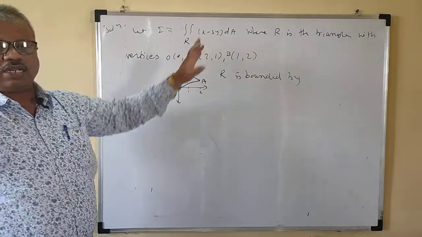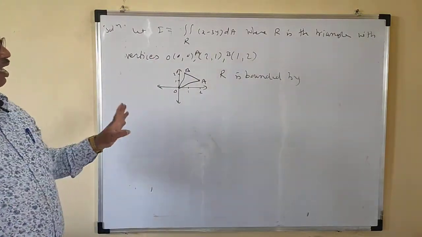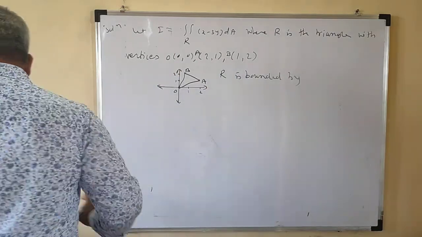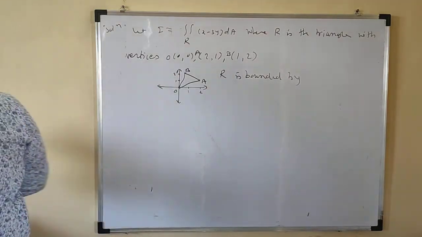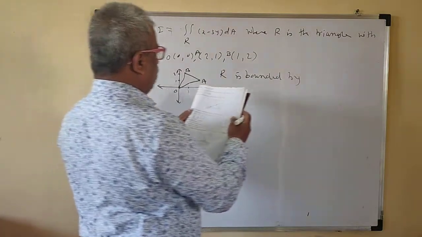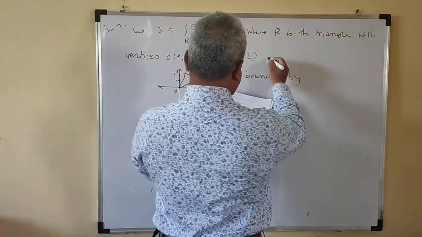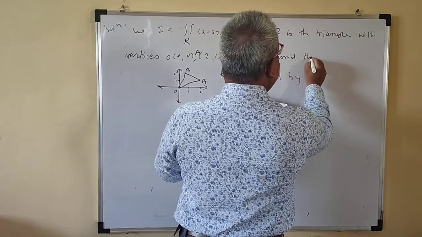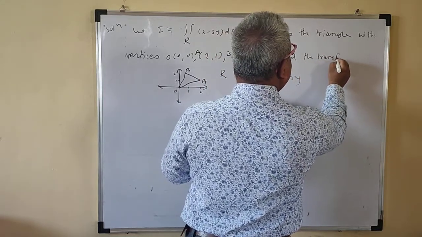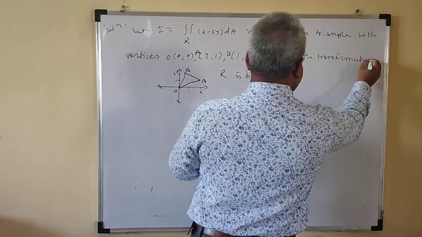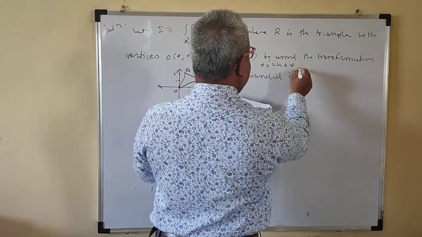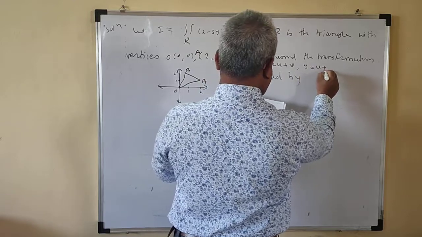Now see here, the integrand is integrable with respect to... here substitution is given to you. The problem is incomplete, so what I said, by using the transformation x is equal to twice u plus v, y is equal to u plus twice v.